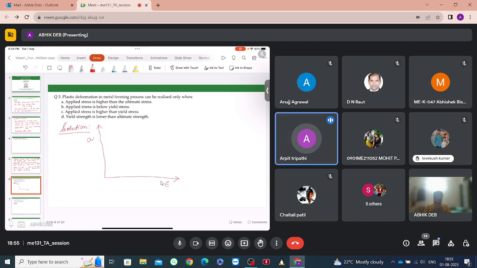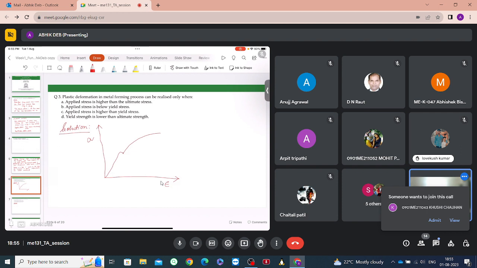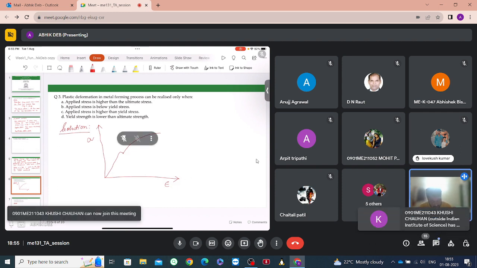Higher than the yield stress, plastic deformation occurs. Yes, correct. So if we see a general stress strain curve of a deformable material, this is the yield strength of the material.